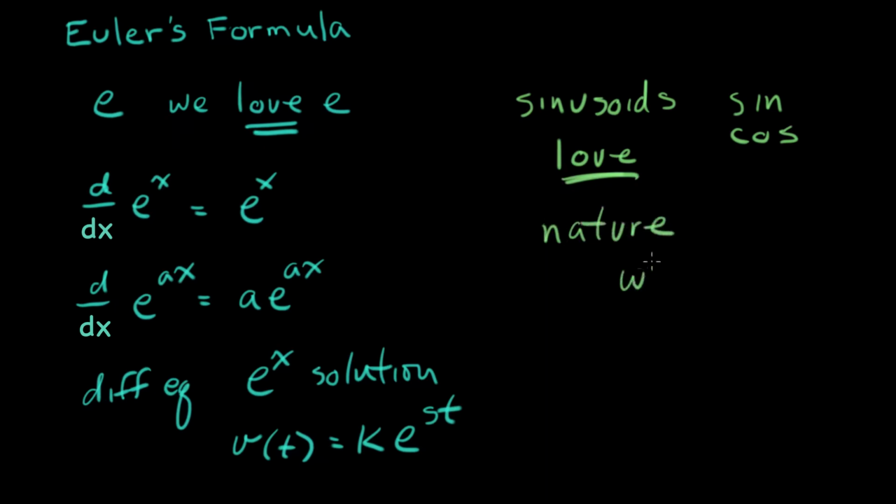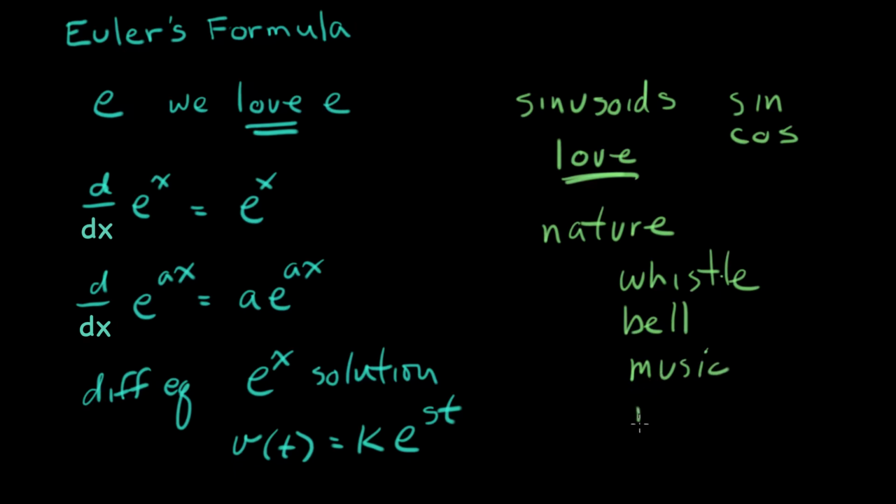If you whistle, the air pressure looks like a sine wave. If you ring a bell, the bell moves in a sine wave. Any kind of music. If you look at the notes in music, the pressure waves look like sine waves. And circuits make sine waves.